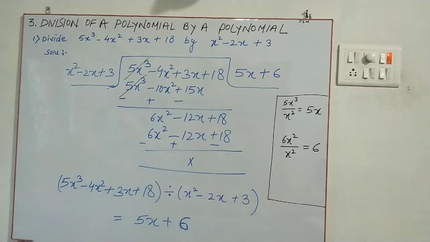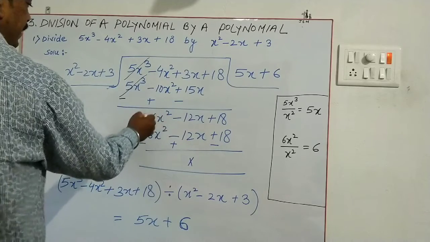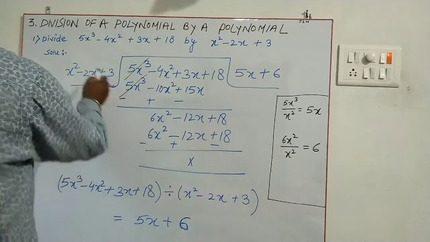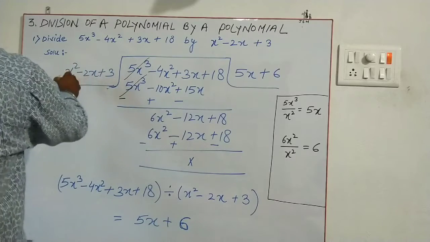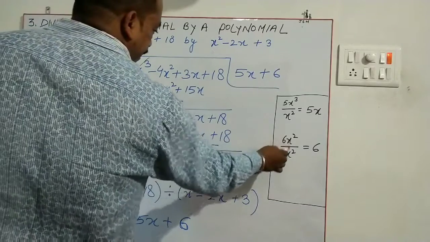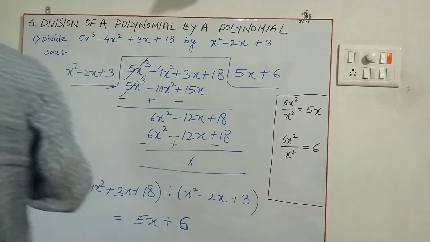Again we will divide the first term of the dividend. Here the first term of our dividend is 6x square, by the first term of the divisor. First term of the divisor is x square. So when we will divide 6x square by x square, we will get 6.